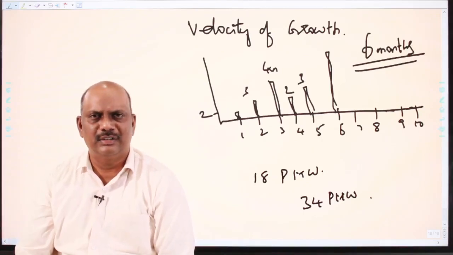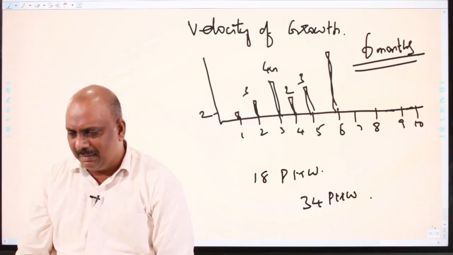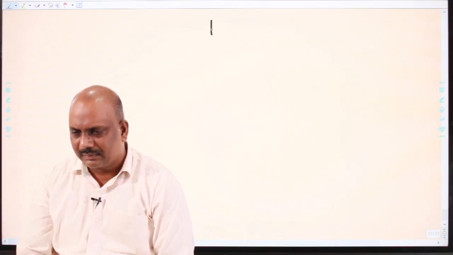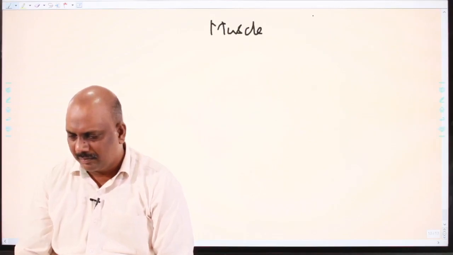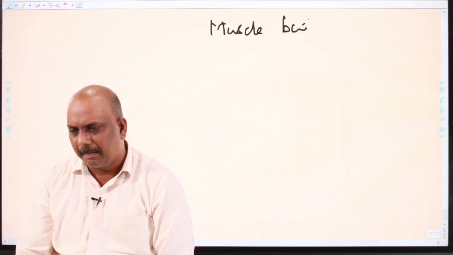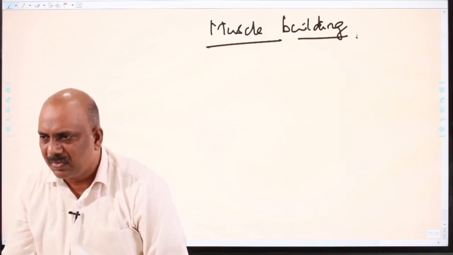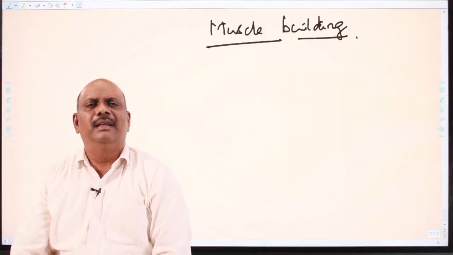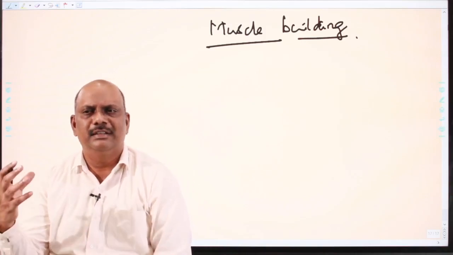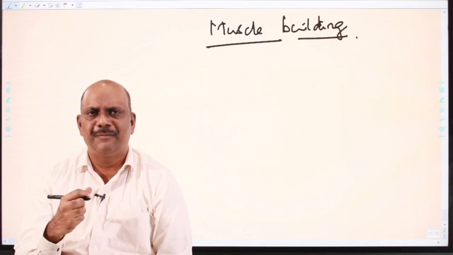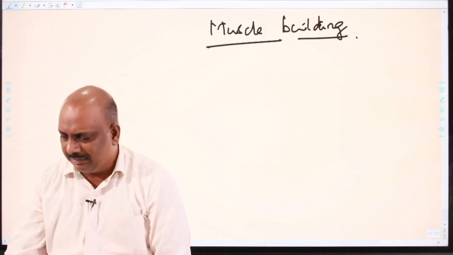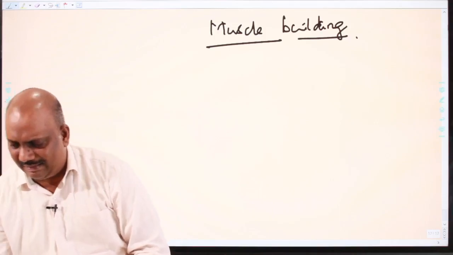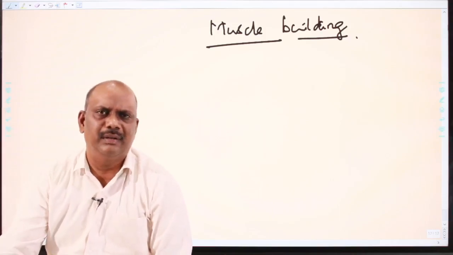Muscles and nerve cells. So the next aspect is muscle building. The muscles of the fetus develop largely because of the accumulation of salts and protein.